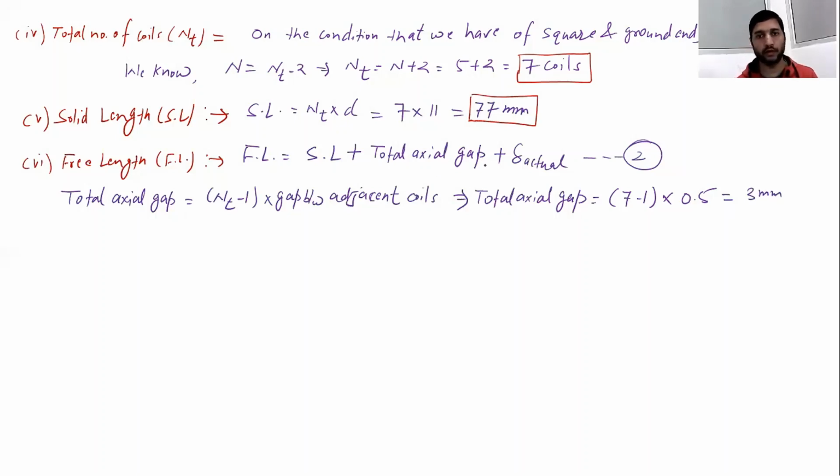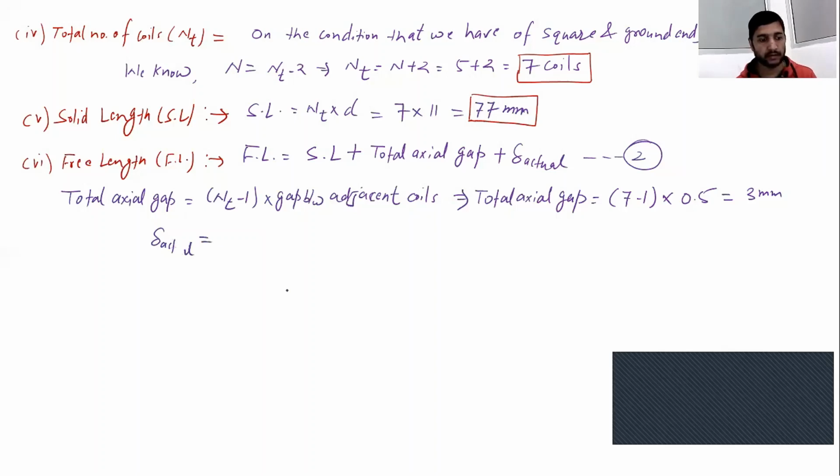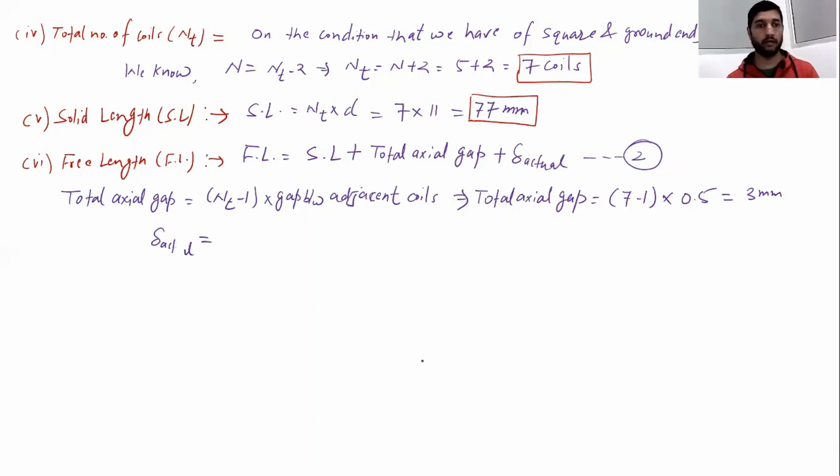Now let us find out the actual deflection. To find the actual deflection, you know that the deflection given is approximately 5 mm. Let us find out actual deflection. To find actual deflection, you have the formula 8 PD cube n upon GD 4. I am talking about the actual maximum deflection.